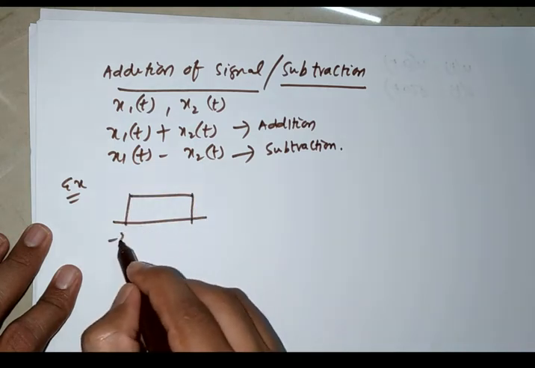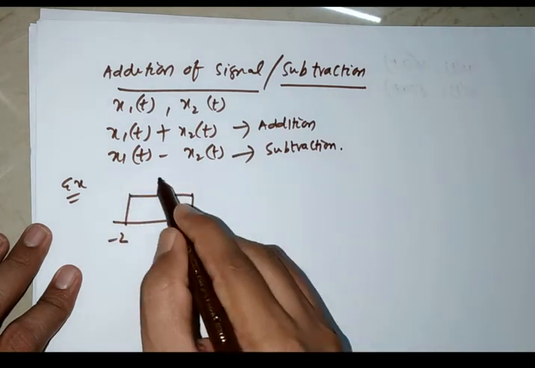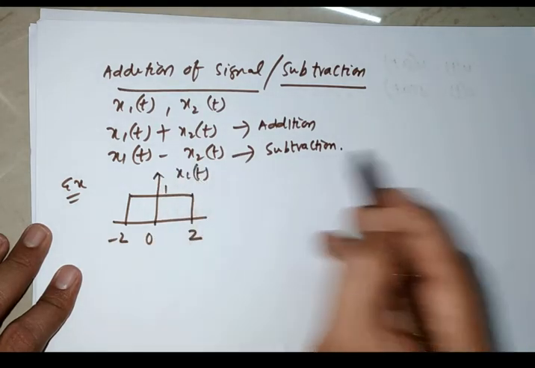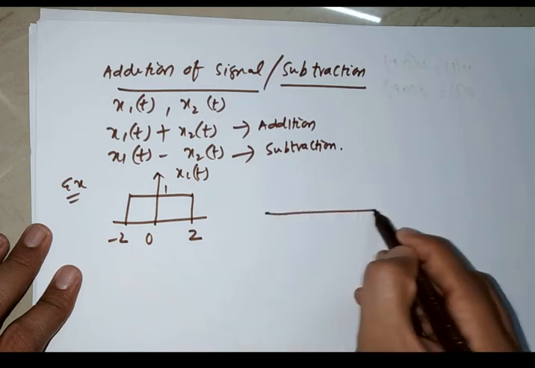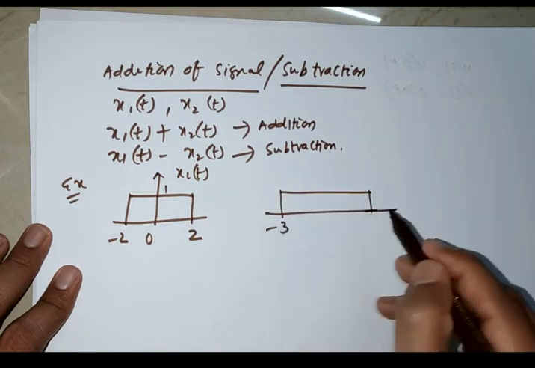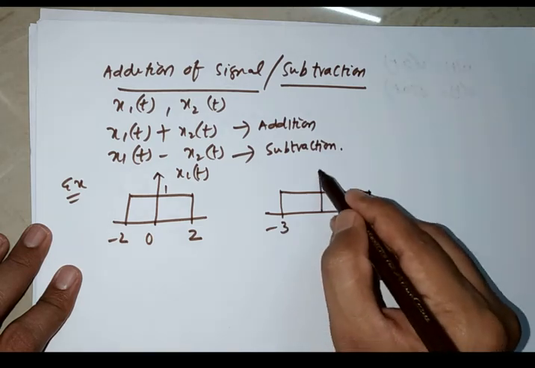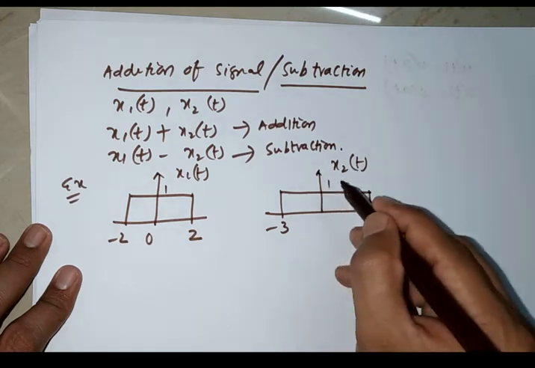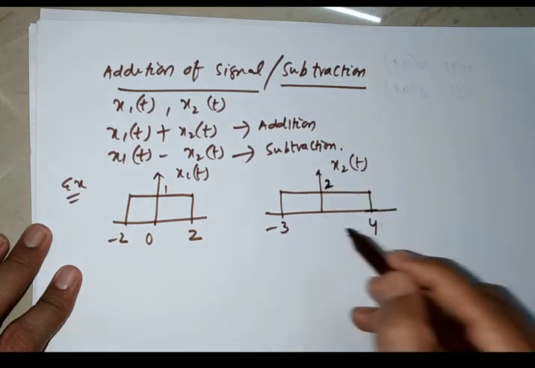This is from minus 2 to plus 2, this is x1(t). From minus 3 to 4, this is your x2(t), and the amplitude is 2.